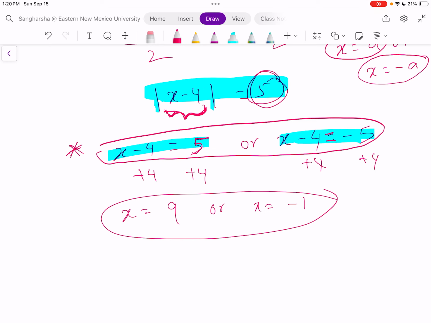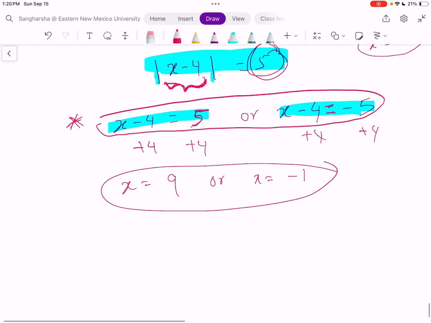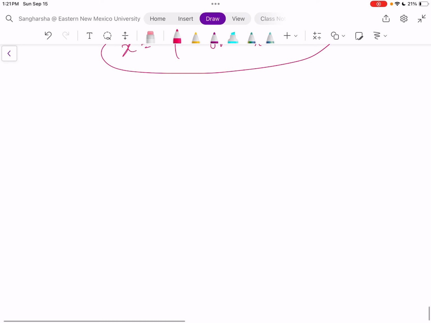In a similar way, you should be able to solve 61, and if you need help, just let me know. The next we have is 66.